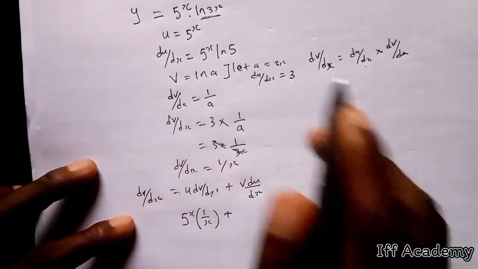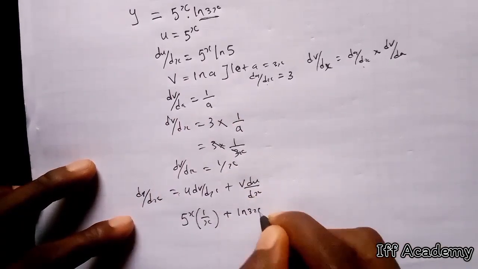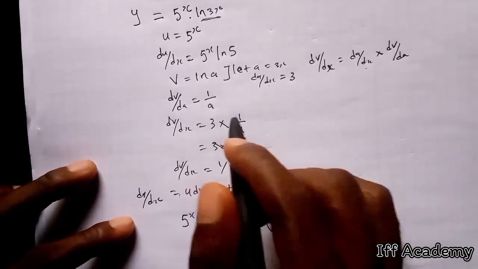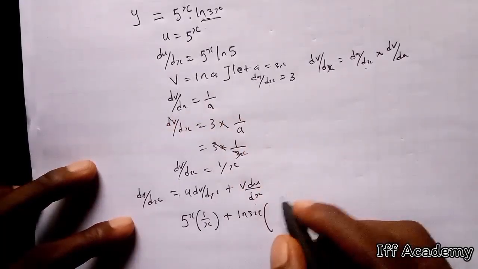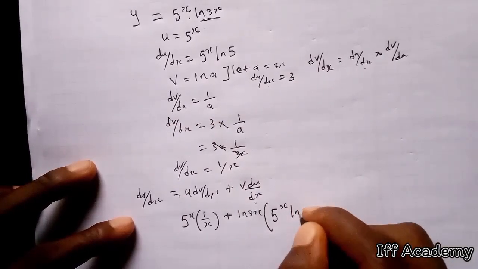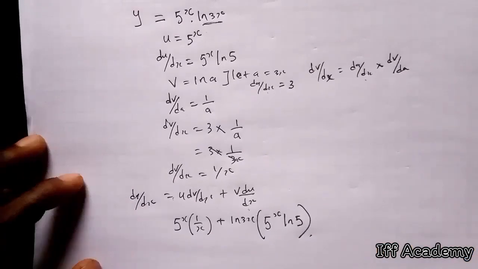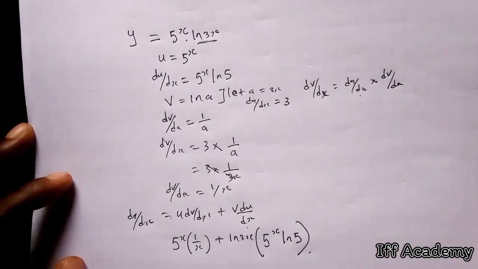What's our v? Ln a, which is ln 3x, into du over dx. Now du over dx is 5 raised power x ln 5. So that's it for this part of differentiation.